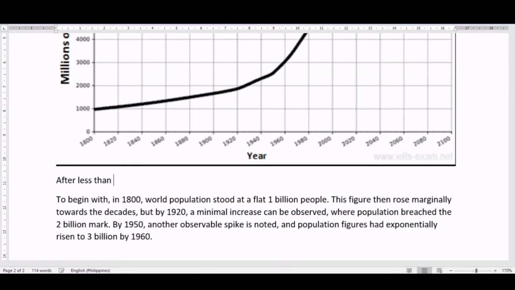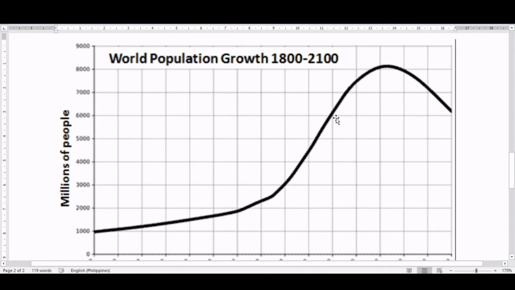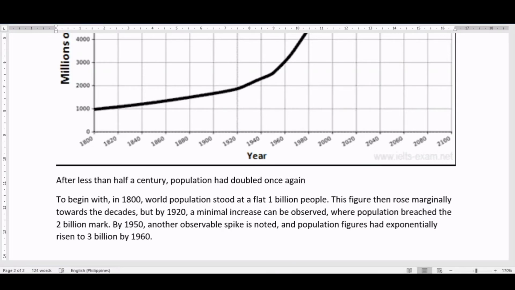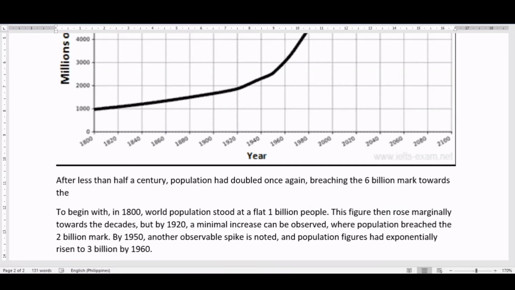After less than half a century, so from 3 billion in 1960 we already saw a doubling there, population had doubled once again, breaching the 6 billion mark towards the turn of the new millennium.